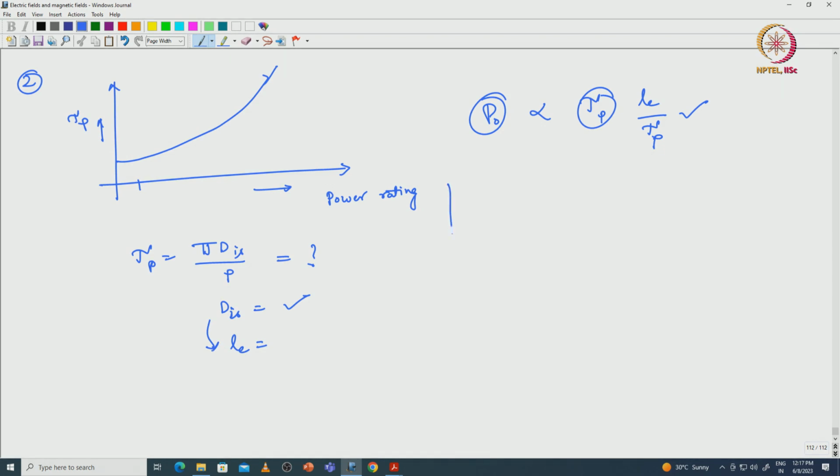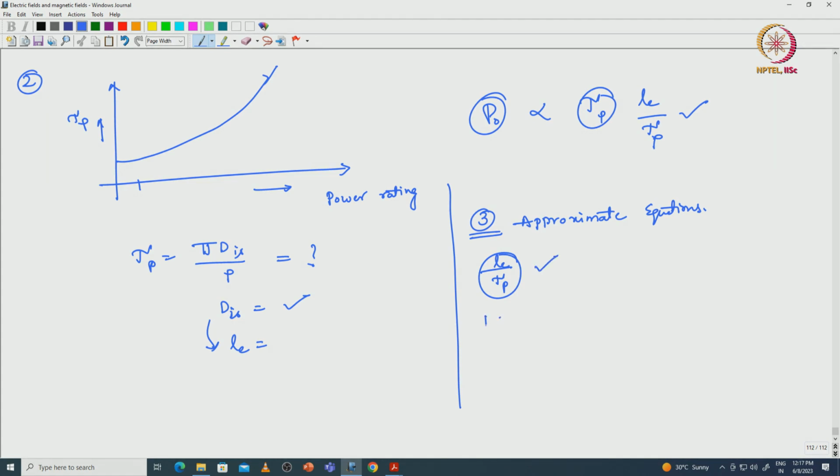And the third approach is by approximate equations. For L by tau p we have some approximate equations in the literature, based upon which we can decide the aspect ratio.